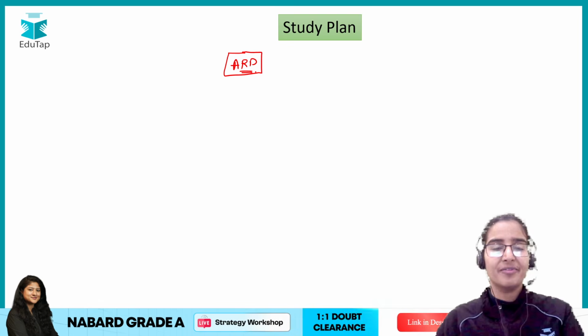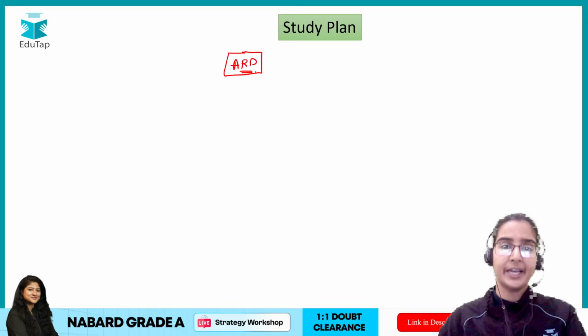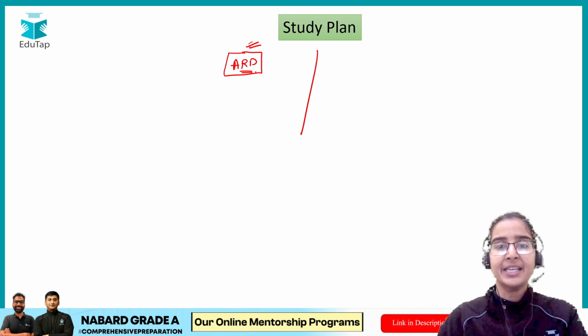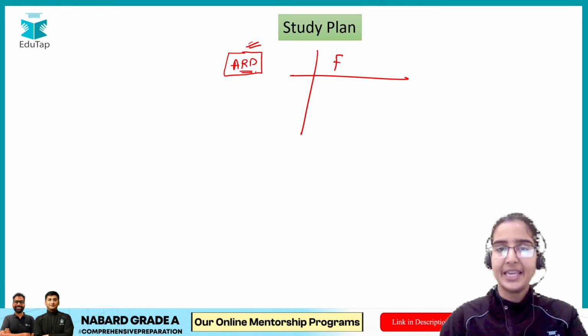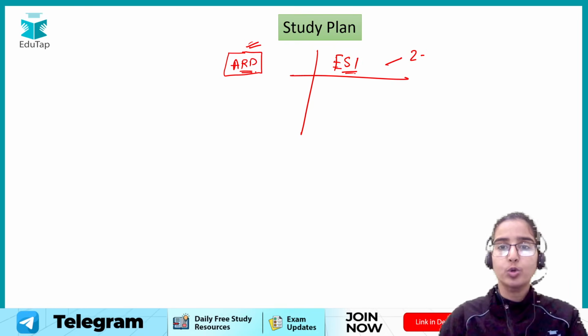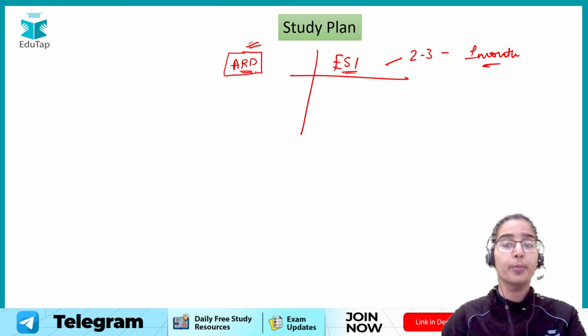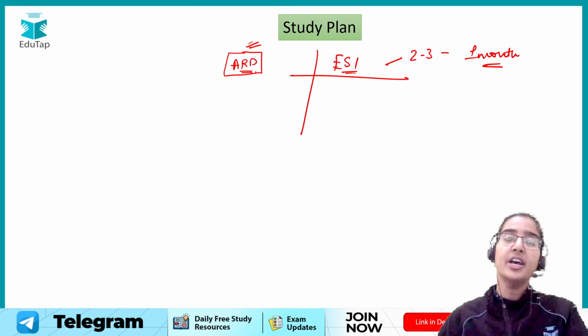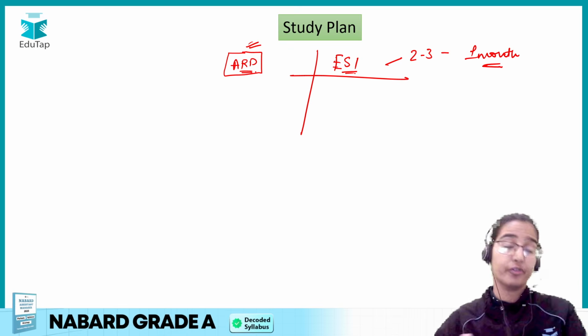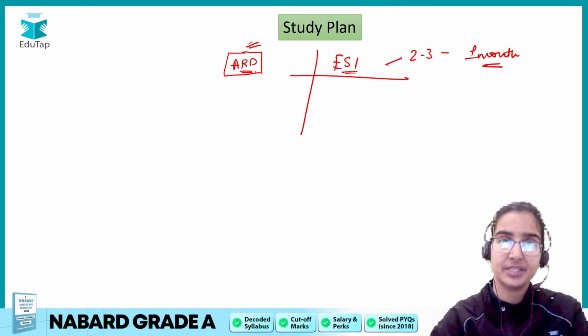But if you are someone who is preparing full time, or if your ARD syllabus is complete, then the next thing that you need to pick up is the ESI. Start preparing the ESI. If you are giving daily 2 to 3 hours, then within 1 month, this subject will be done for you from both the phase 1 and phase 2 perspective. So that is how you can plan for completing your ESI syllabus, right?